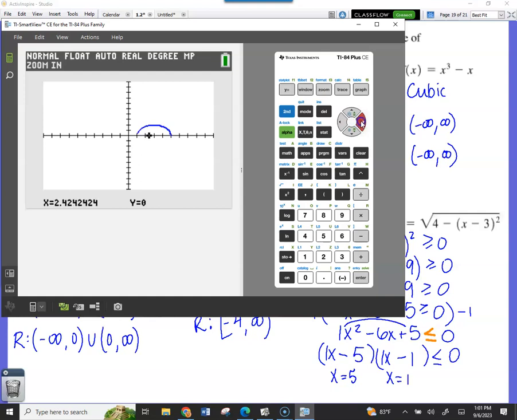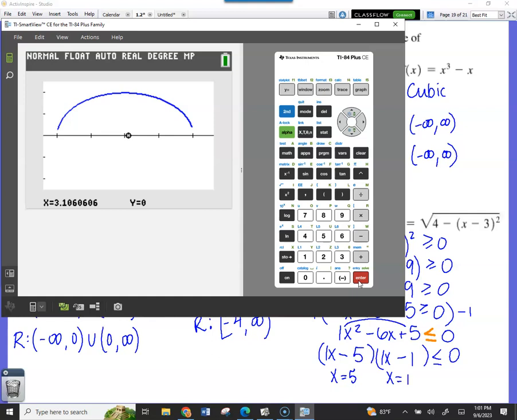I'm going to move it over here. All right, so looking at this, what x values are zoomed in so far? I can't even tell what that is, but we know what critical values we came up with, right? So it's running between what and what? It's running between 1 and 5.